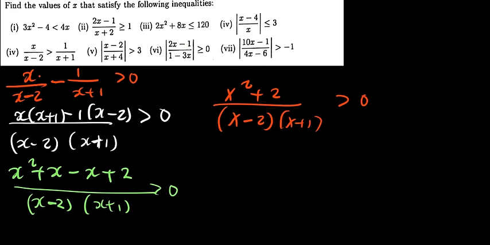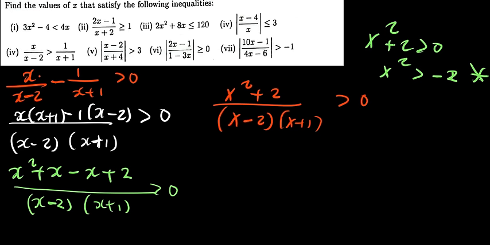X squared plus 2 greater than 0, x squared greater than negative 2. You can't square something and get a negative, so definitely this one we leave it there. We say that is not part of our solution. You leave it, it's done. You can't square something and get a negative.